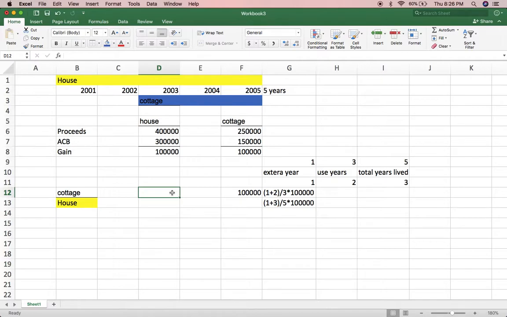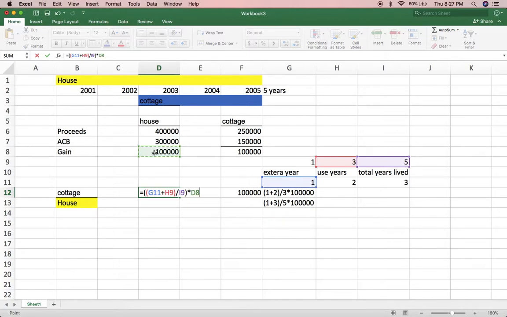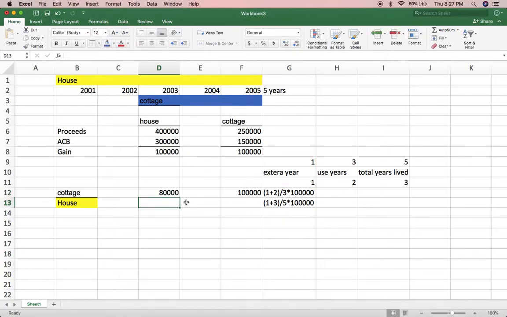The formula is again 1 plus 3 years, divided by total 5 years, and then times the gain. That is 80,000.